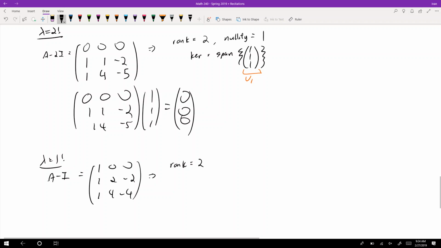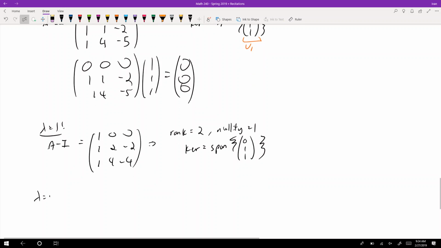Double the second row minus the first row, and you'll get row 3. Okay, so that ranks 2. Nullity is 1. So the kernel is equal to the span of what vector? 0, 1, 1.